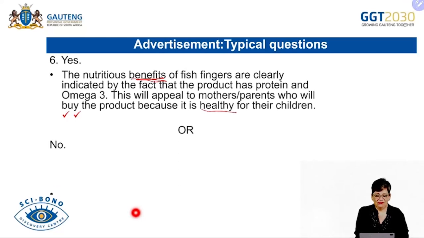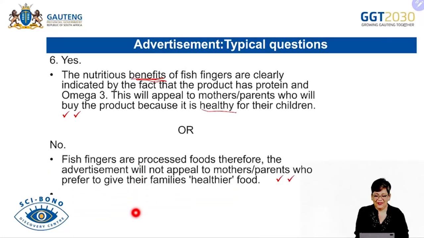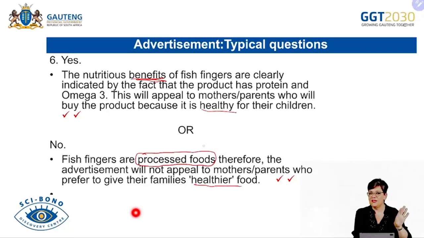Or we could say no, this is not going to work. On the other hand, remember, fish fingers are actually processed food, so it might not be as healthy as we think it is. So on the one hand, we could say yes, it's healthy because they listed the benefits.